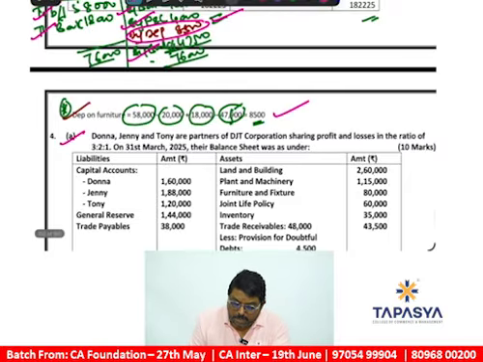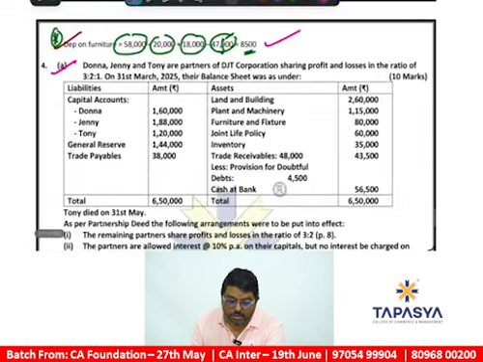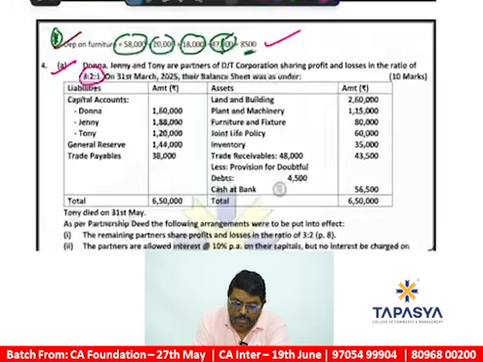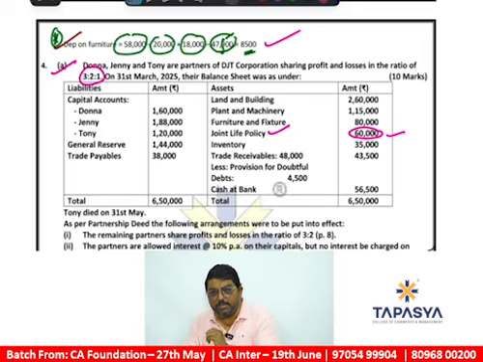Donna, Jenny and Tony are partners in DJT Corporation, sharing profits and losses in the ratio of 3:2:1. On 31st March 2025, their balance sheet is given like this. Look at the balance sheet: land and building, plant and machinery, furniture, fixtures. Joint life policy 60,000. What do you mean by joint life policy given in the balance sheet? Asset side 60,000.